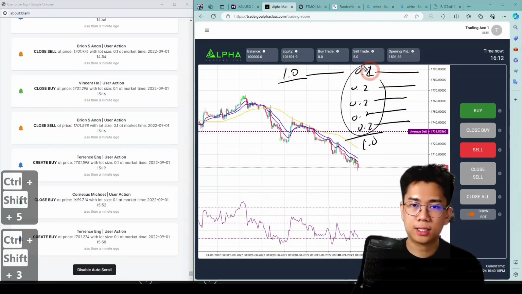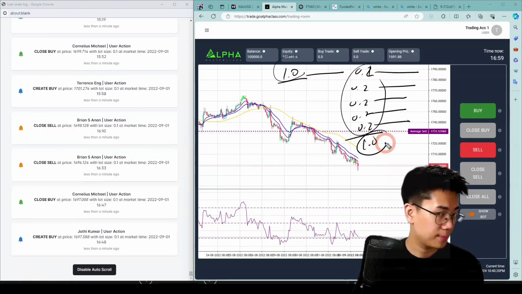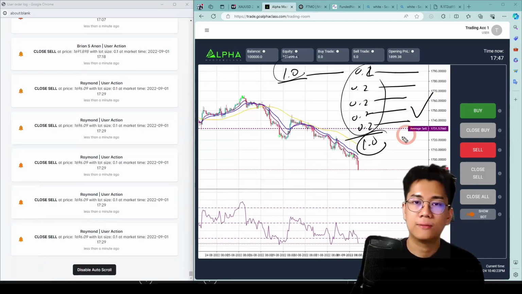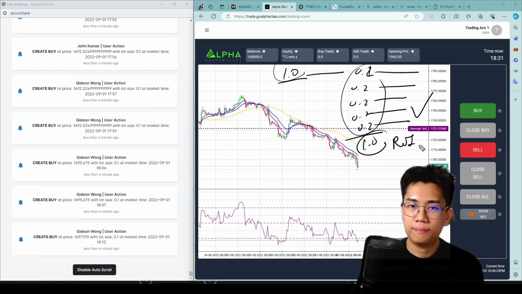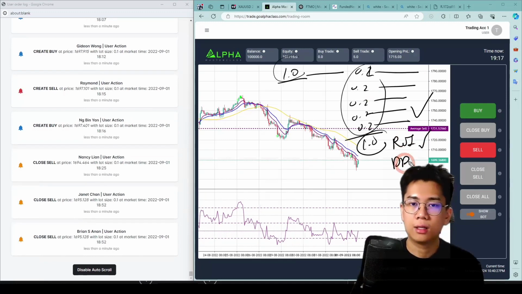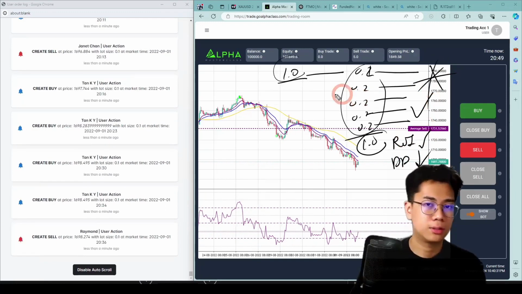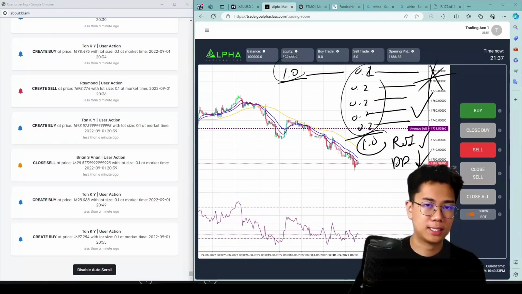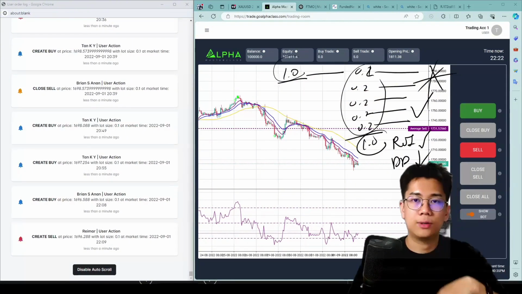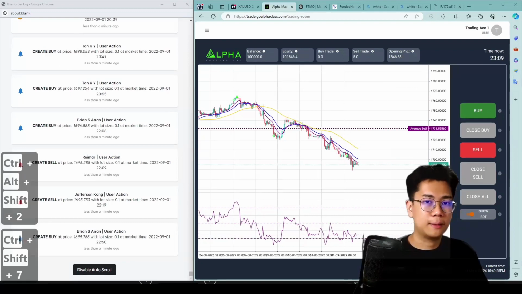The total lot size between left side and right side is the same. But this one will end up getting better ROI and lower drawdown. Very important. Go ahead and study, put into an Excel table, then you will know what it means.